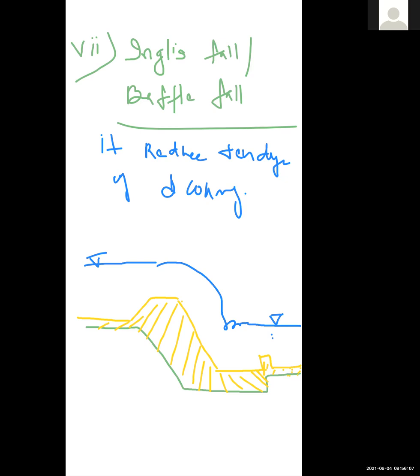So, if a canal fall can be used to measure the discharge of the canal, it is termed as meter fall, and if it is not used for measurement of the discharge, then it is known as non-meter fall. Okay, so it is clear to everyone. English fall and baffle fall, also Sarda fall, also rectangular notches.